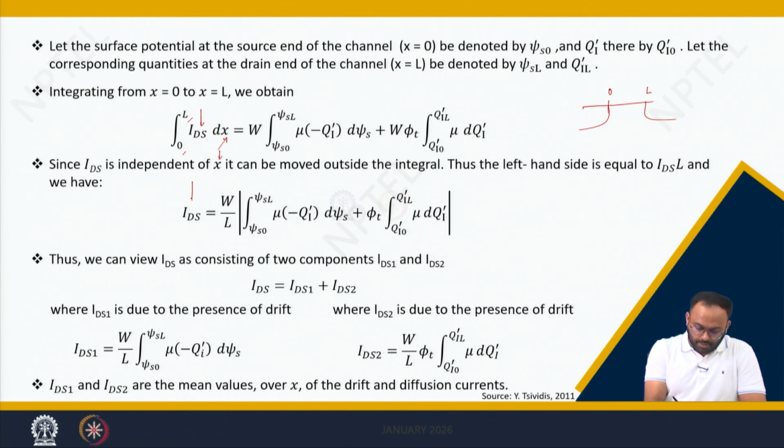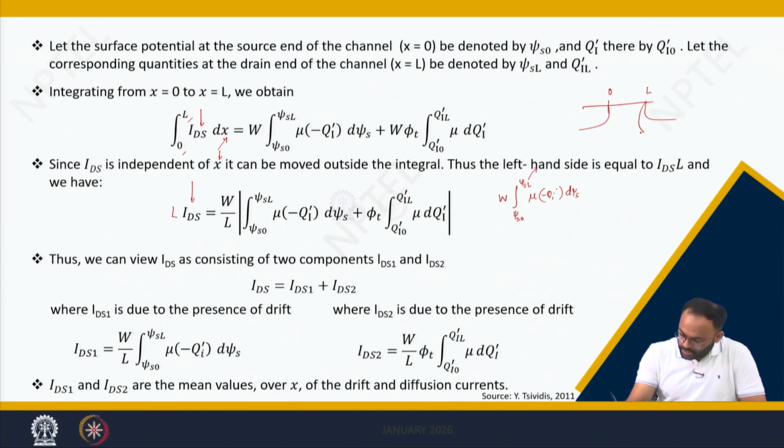So Ids can be written as Ids into L, and at the right hand side we will get W into integration of psi s0 to psi sl mu into minus Qi dash into d psi s, where psi sl is the surface potential exactly at this point, meaning the surface potential near to the drain side.